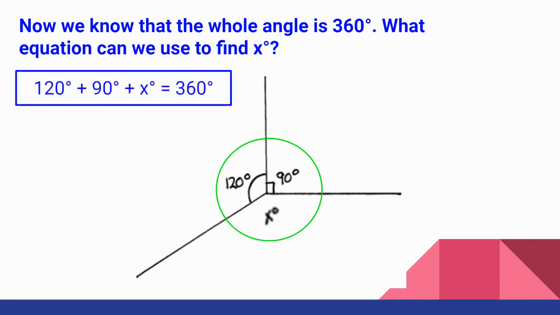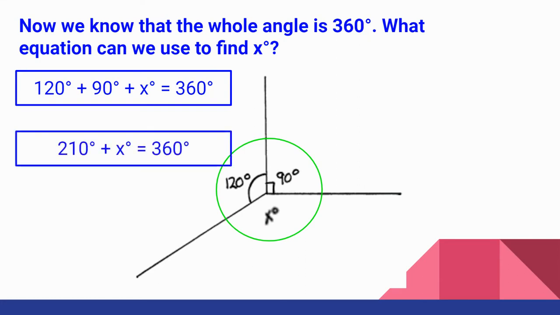Did you think that 120 degrees plus 90 degrees plus X degrees equals 360 degrees? Well, then you would be right. So let's solve for that X. I think we have enough information now. Let's add up 120 and 90 to get 210 degrees. So now we have 210 degrees plus X degrees equals 360 degrees.